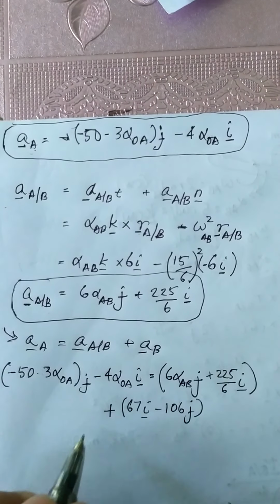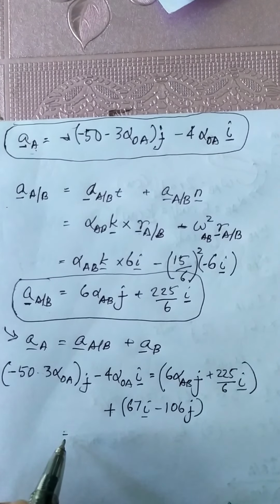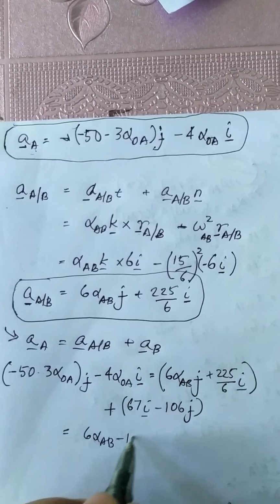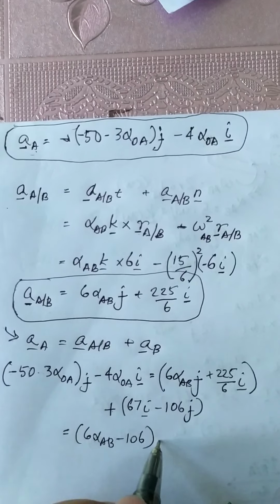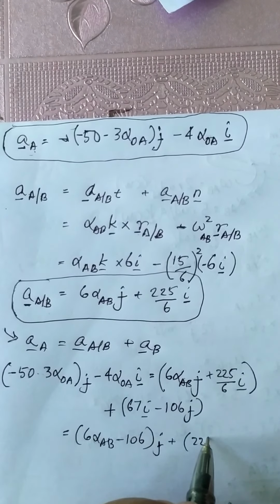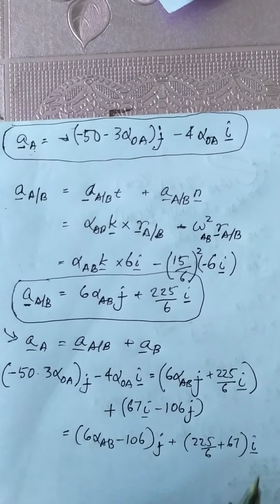I'll just do it on the right hand side. This equals 6 alpha AB minus 106 j, and then plus 225 over 6 plus 67 i.